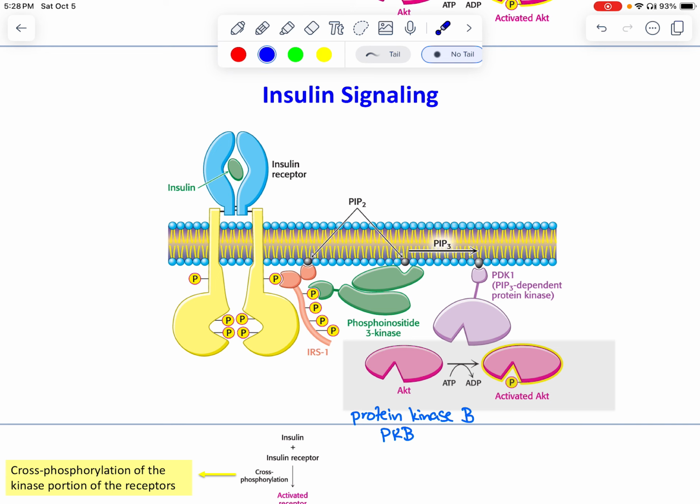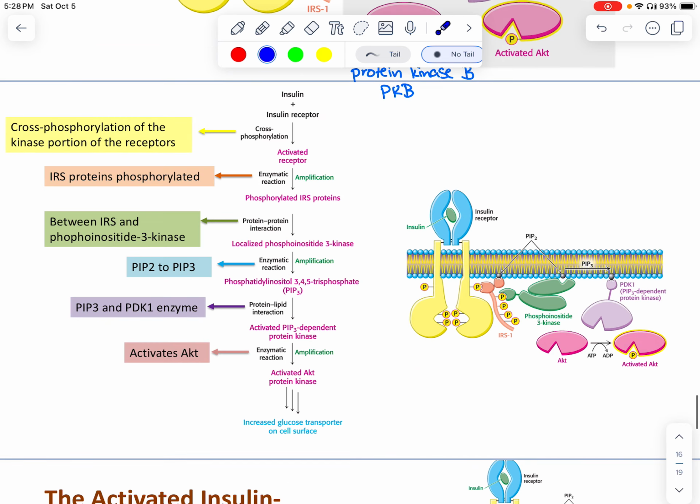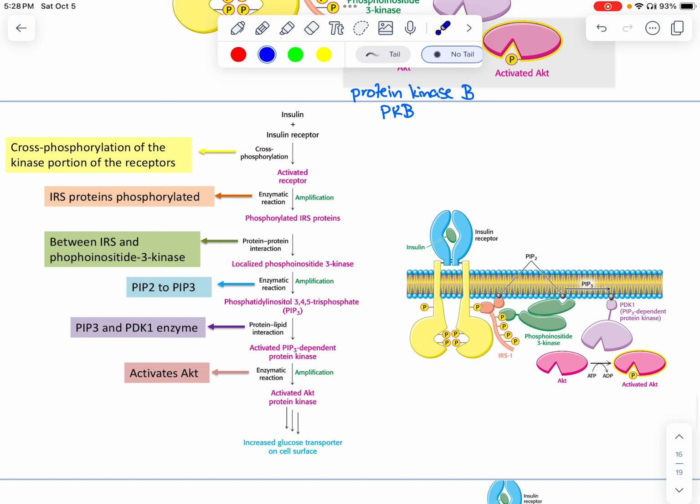Okay, there were a lot of steps. We looked at them here with the diagram. Let's talk them through one more time with words for those of you who kind of like the graphic piece. What would it be? A flowchart. So we have our insulin and insulin receptor.